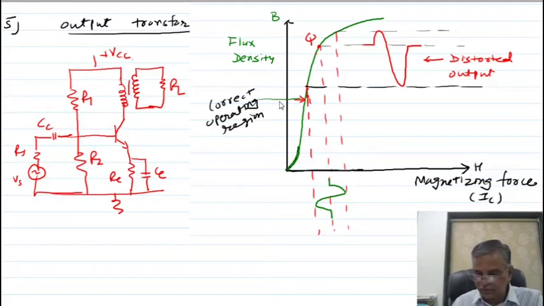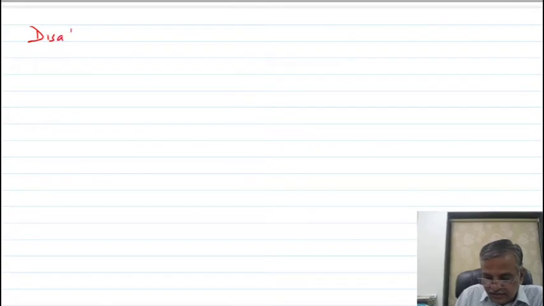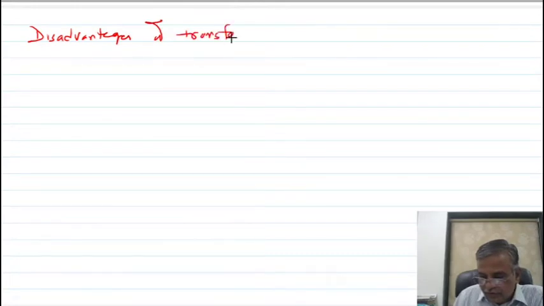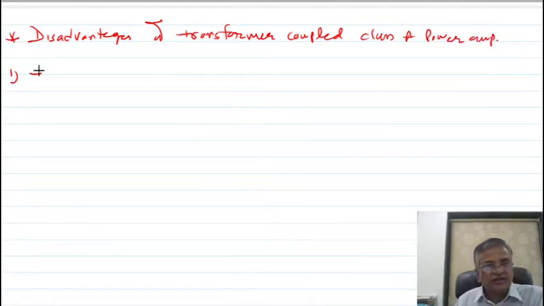If somebody asks you what are the disadvantages of the transformer coupled class A power amplifier, the first disadvantage is harmonic distortion.